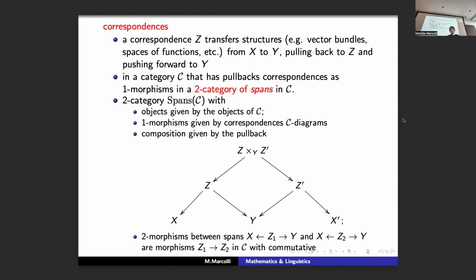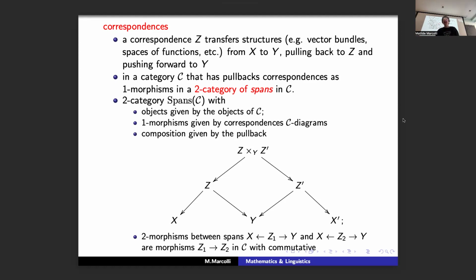So you think of this as a way to transfer structures. This happens very often, right? In geometry, for example, you have structures like vector bundles with spaces of functions. You pull them back to some other covering space and you push them forward on the other side. Sheaves, whatever.